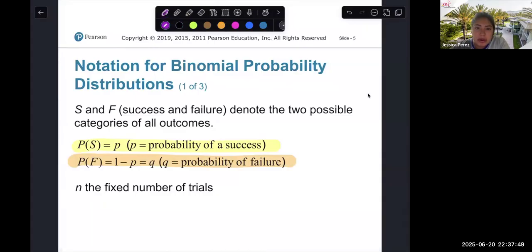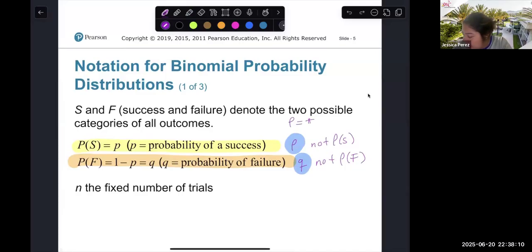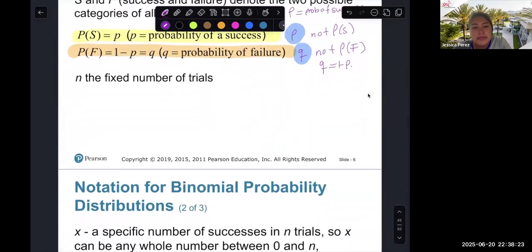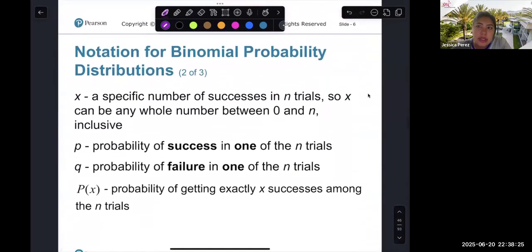I'm only going to use P and Q, not P(S) and P(F), where P is the probability of success, and Q is 1 minus P, the probability of a failure for an X number of trials.